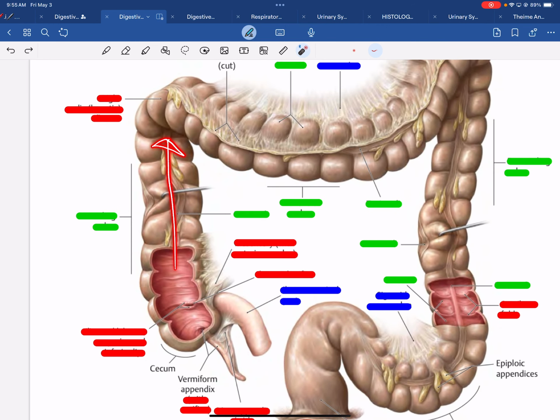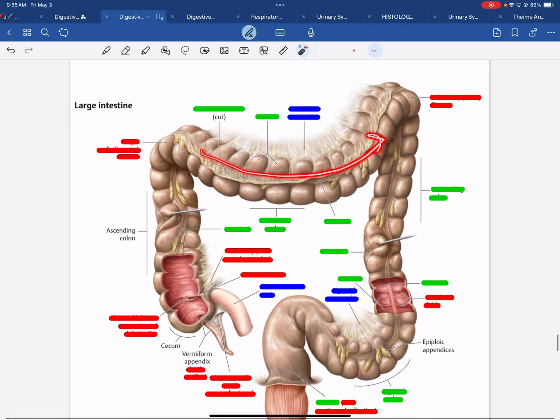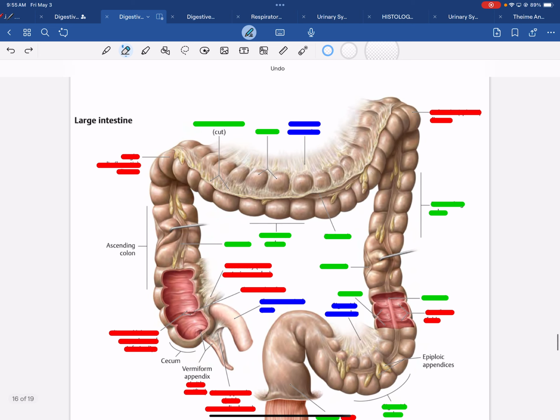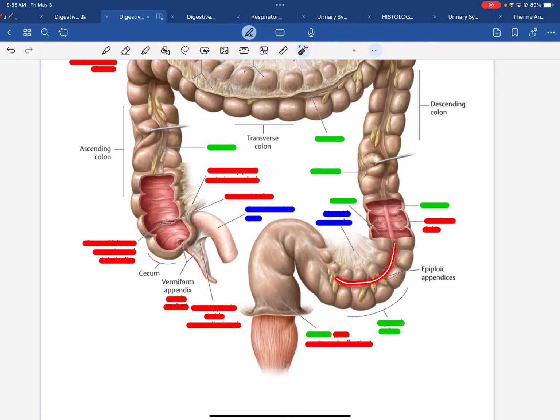Okay, which part of the large intestine is this? Good, the ascending colon. Here? Transverse colon. Oh, it should be that one. Here? Descending colon. Here? Sigmoid colon.